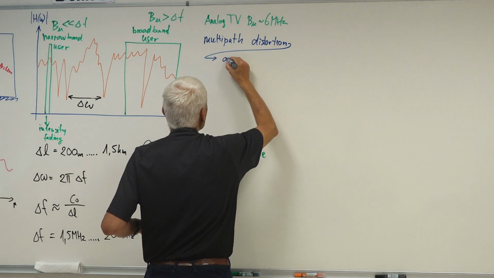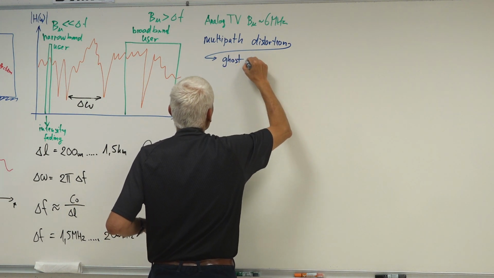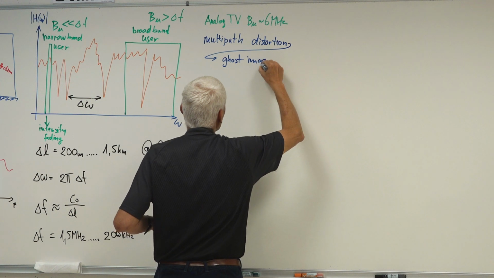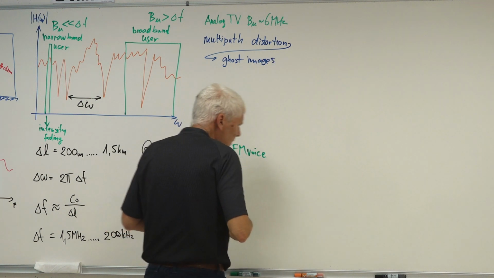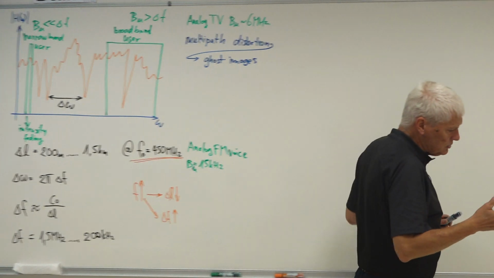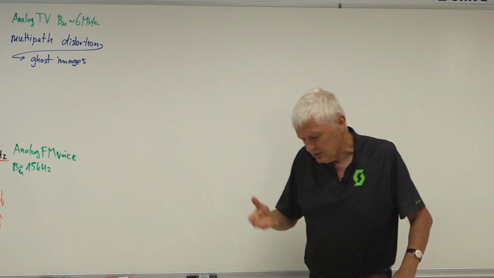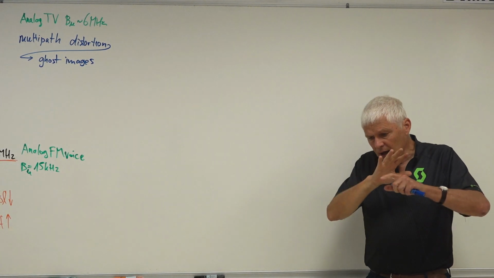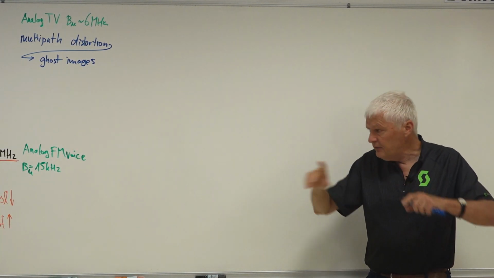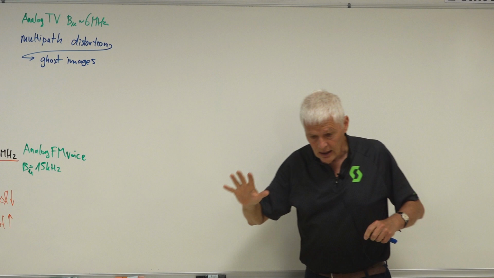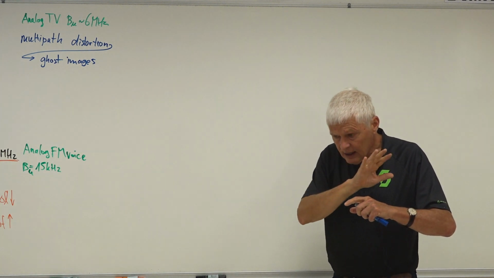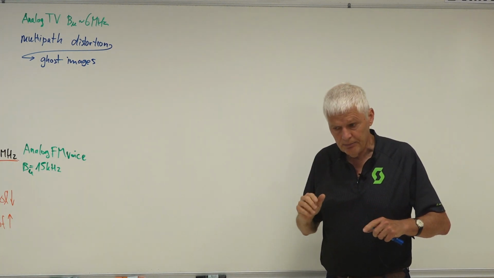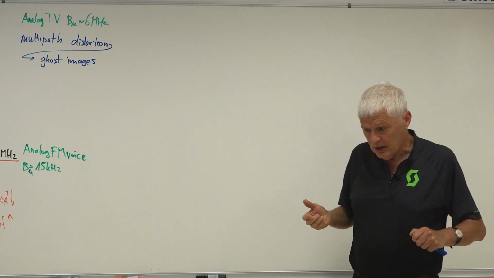Ghost images. In parallel with the picture you're actually trying to watch, or the movie you're trying to watch on analog TV, you also saw a ghost image, if you had multipath distortion, moving left or right compared to this distortion.